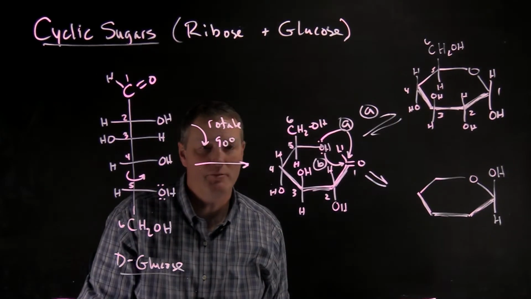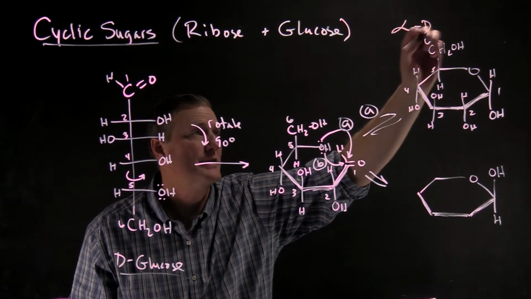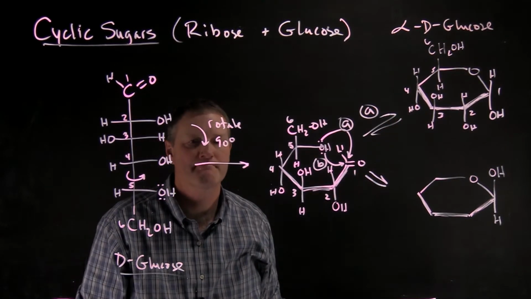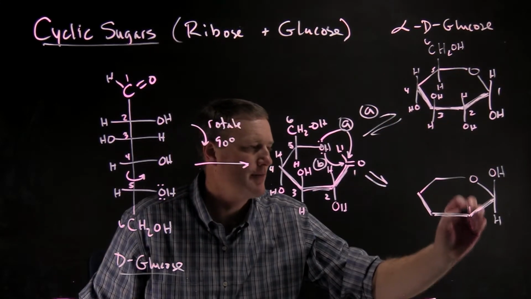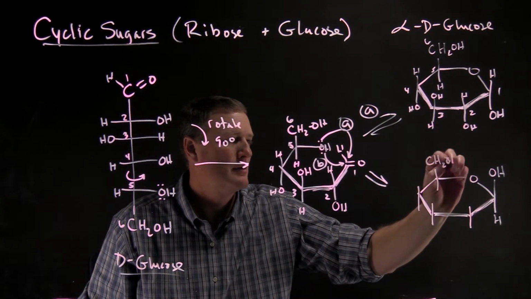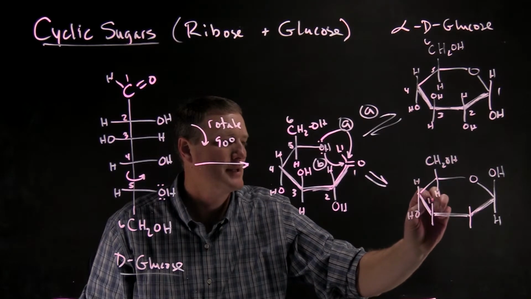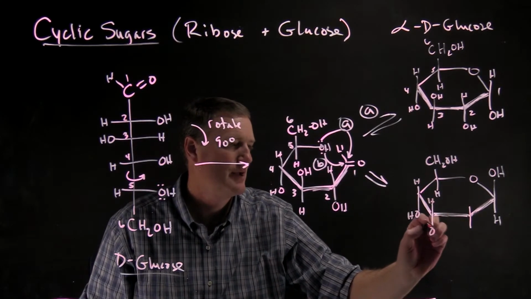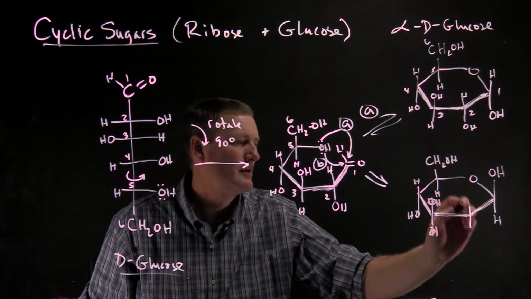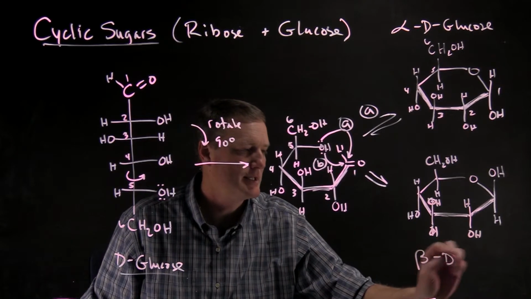So this top one now, because I have the OH below the plane of the ring, this would be called alpha D-glucose. Likewise down here, if I fill in the rest of my molecule, all of these would be the same as the previous structure. Oops, that's an OH up top, sorry. And this would be beta D-glucose.